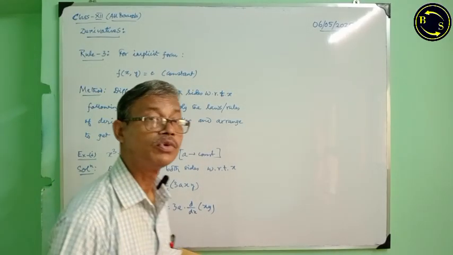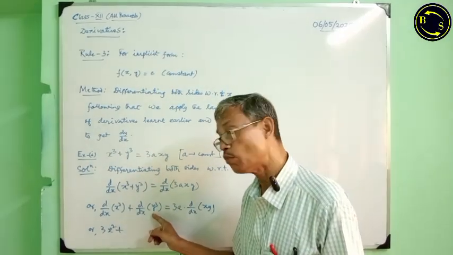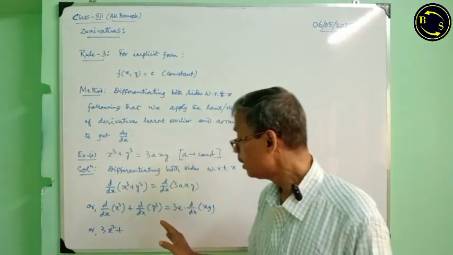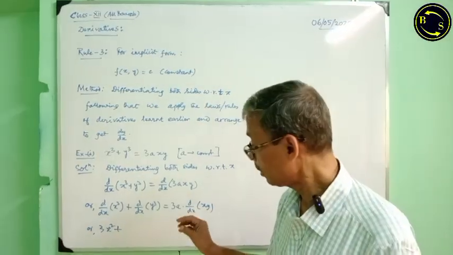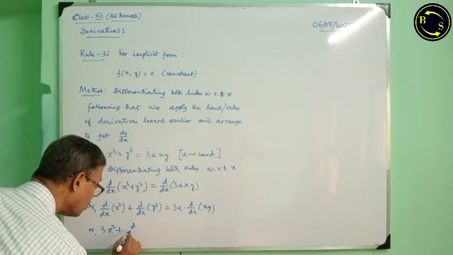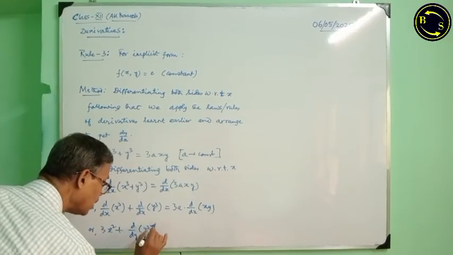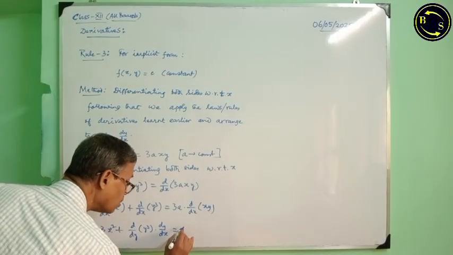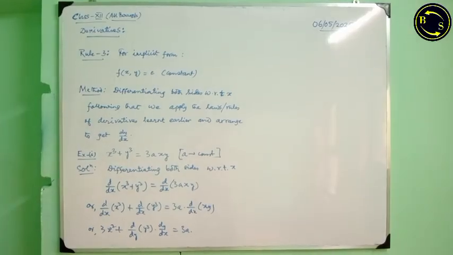d/dx of y cube. You see, the function is of y, but we are differentiating here with respect to x. That cannot be done directly. We have to apply the chain rule. That is why I write d/dy of y cube into dy dx is equal to 3a into d/dx of xy.